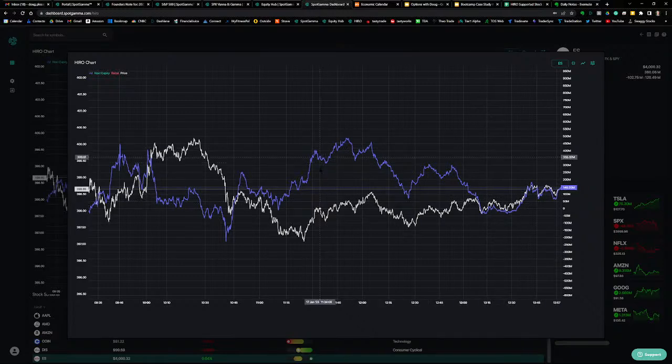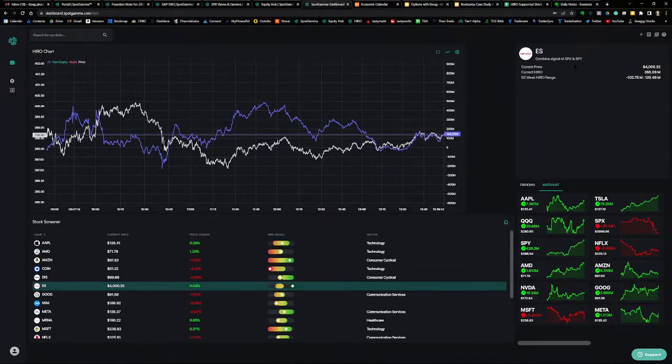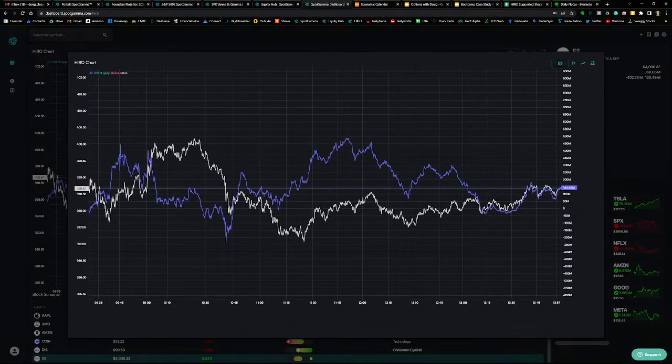And the first thing to note here is that it gave a good signal for a long in the morning. Traders are buying calls and selling puts, and then a divergence reversal lower.